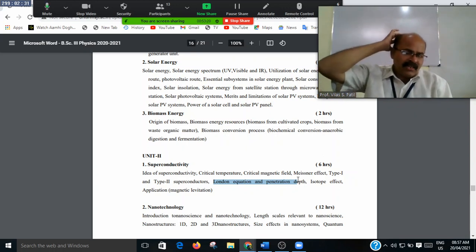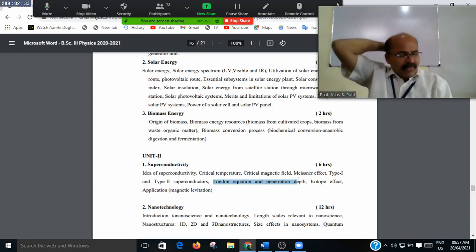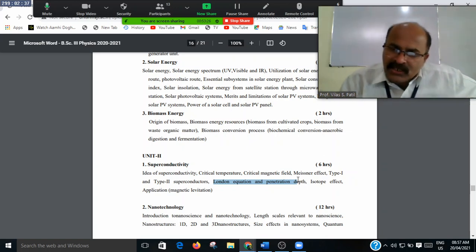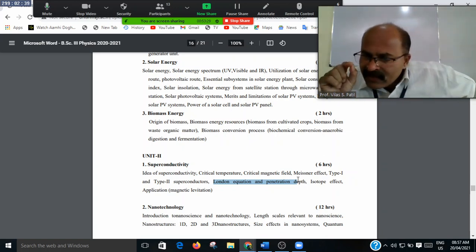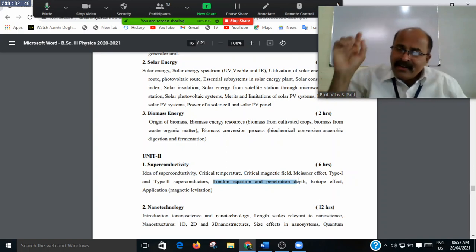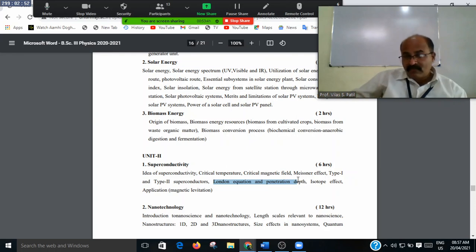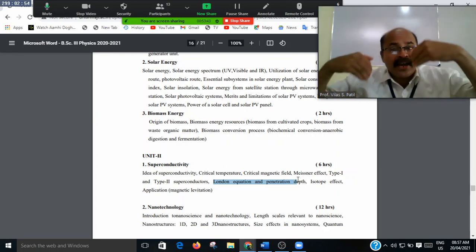Very nice, interesting property of the penetration depth. Penetration, that is magnetism. If I place a material inside the magnet, the magnetization or the magnetic field is penetrating through it. That matter is magnetized.